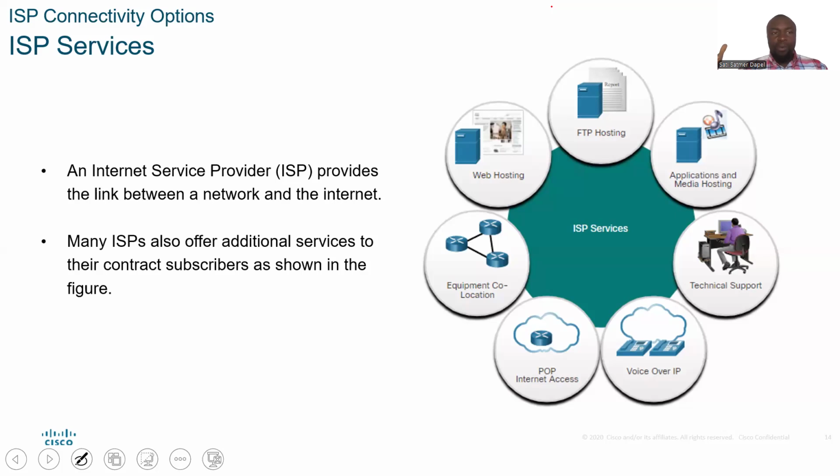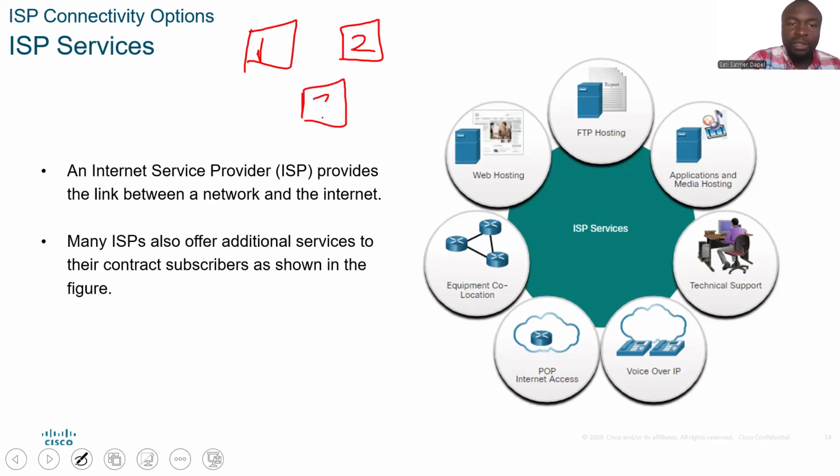Okay. Now, if you have formed a network, let's say PC1, PC2, let's say PC3. Let's put an intermediary device here. So this one comes here, this one comes here, this one comes here.